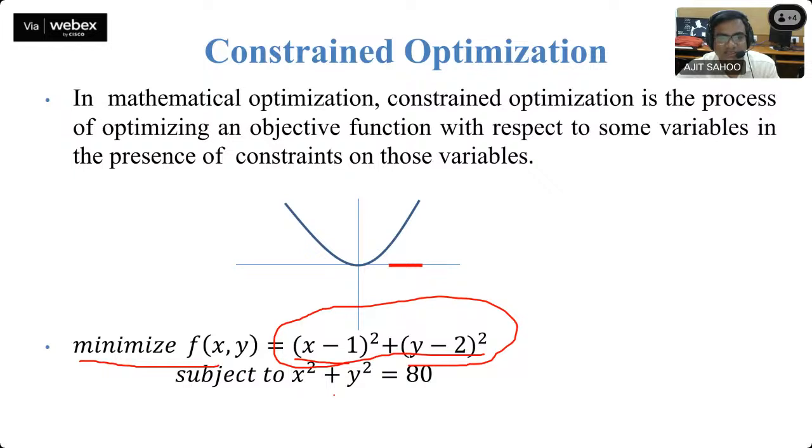Just differentiate, get the point of inflection, and then go for the second derivative to find minimum or maximum. But whenever it is constrained, then according to the constraints, we have to find the solution.